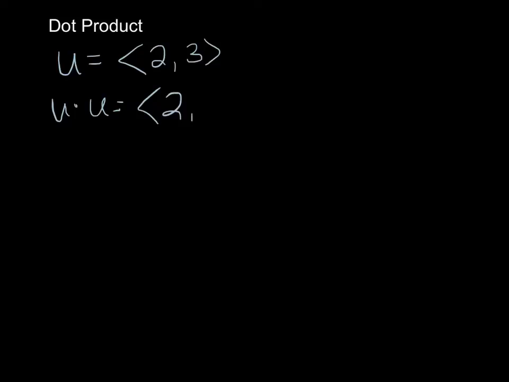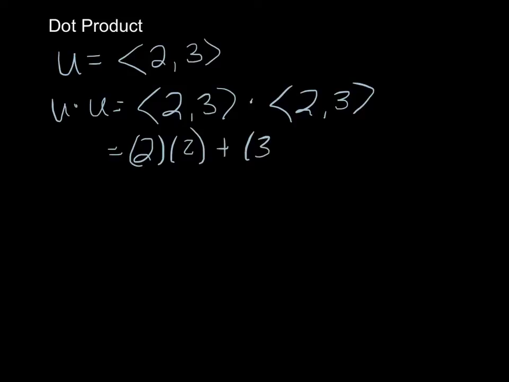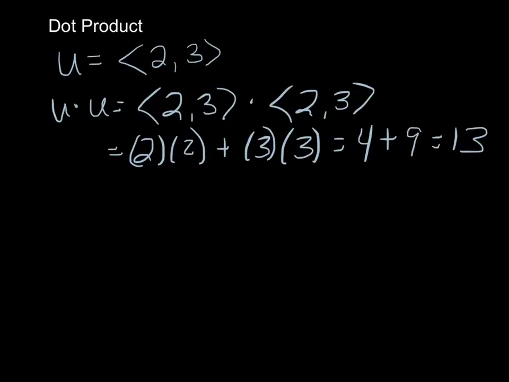Now there's something kind of cool about the dot product that I want to show you. Let's say that we've got a vector 2, 3, and we're going to find the dot product of u with itself. That would be 2, 3 dot 2, 3, and we get 13. All right, now watch this.